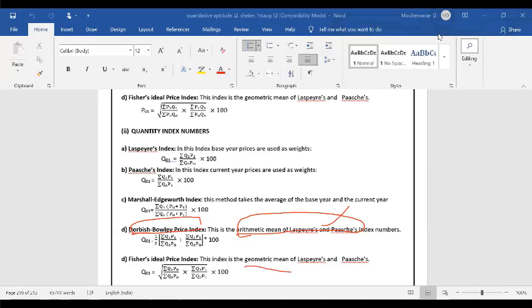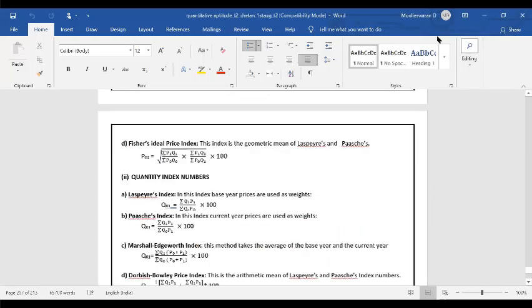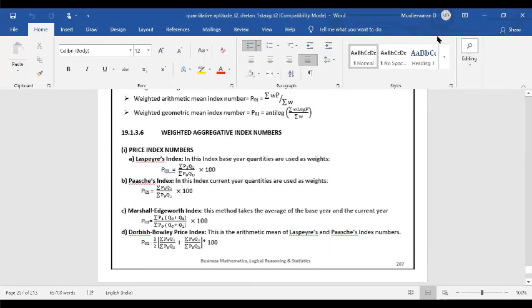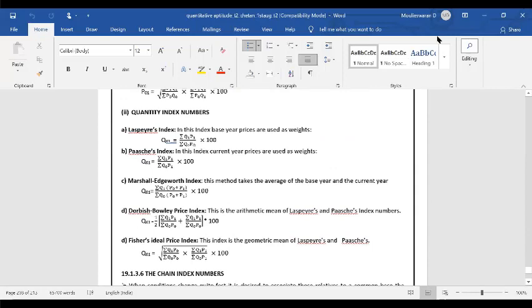Fisher's is geometric mean. This one is enough. Note down the Dorbish-Bowley price index.